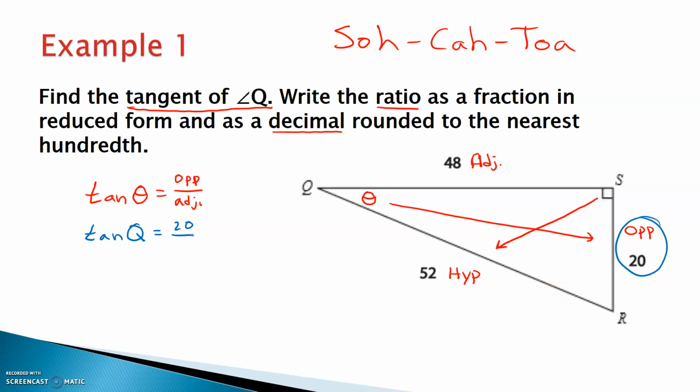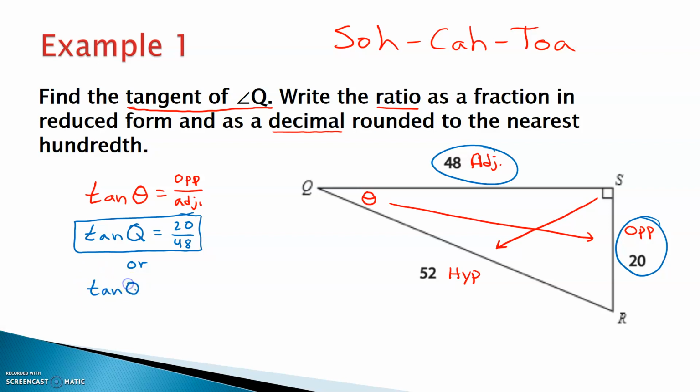That is 48. So this right here is the ratio for tangent of Q. It's 20 over 48. Let me get my calculator. What is 20 divided by 48?